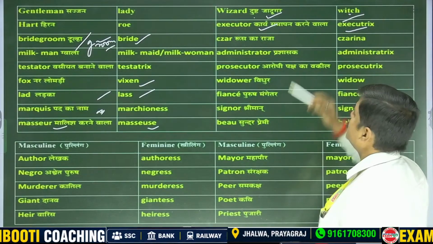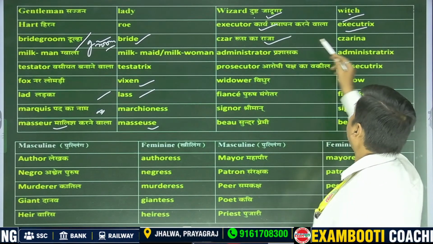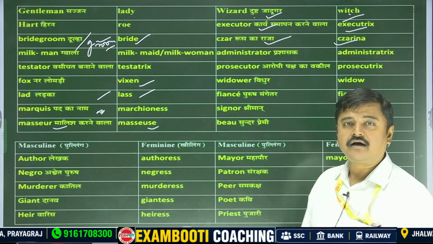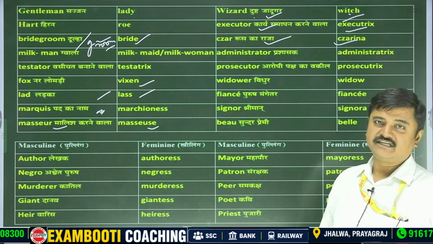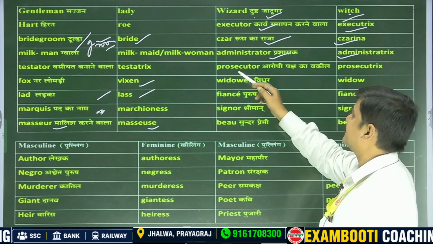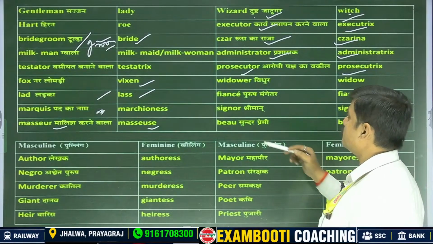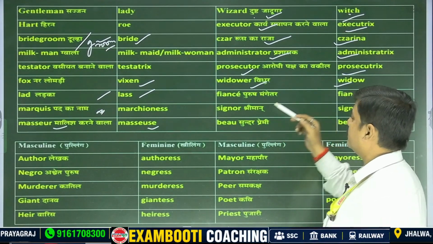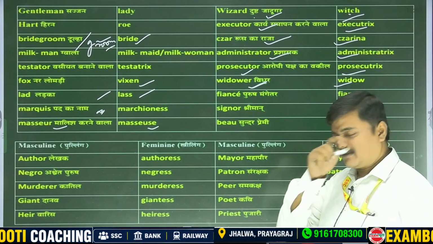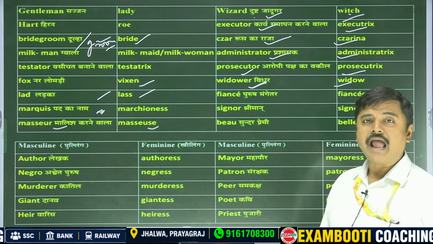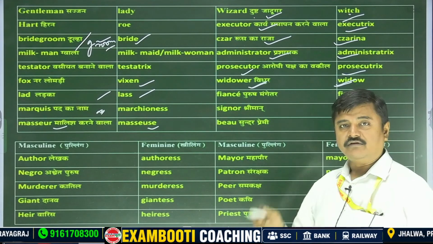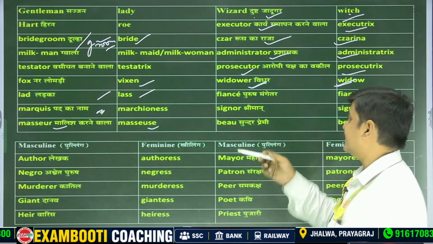Executor and executrix, Tsar and Tsarina, a king of Russia, that is Tsar, and a queen of Russia, that is Tsarina. Administrator, administratrix, prosecutor, prosecutrix, widower and widow. Widower, very good word, a man whose wife is dead, and widow, a woman whose husband is dead.